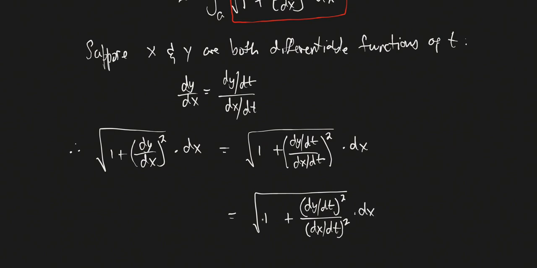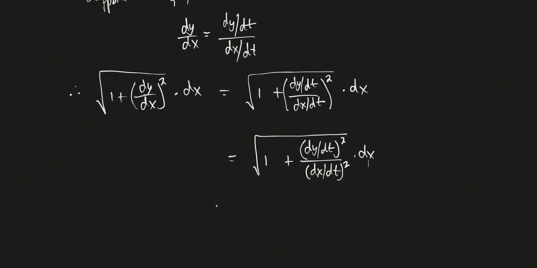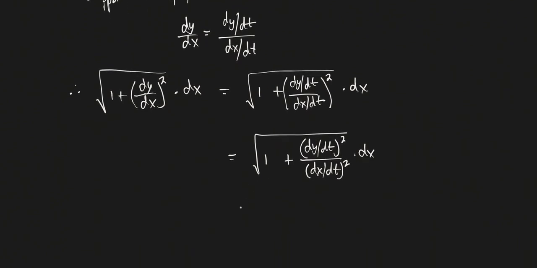Now I am adding two fractions, so I can get the common denominator, which is dx dt squared. I'll write the square root a little bigger.